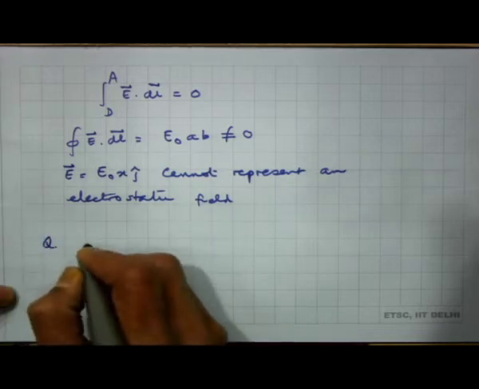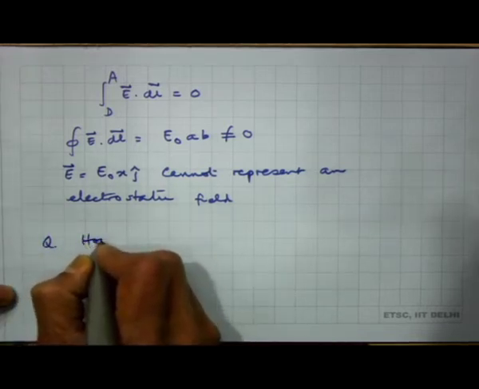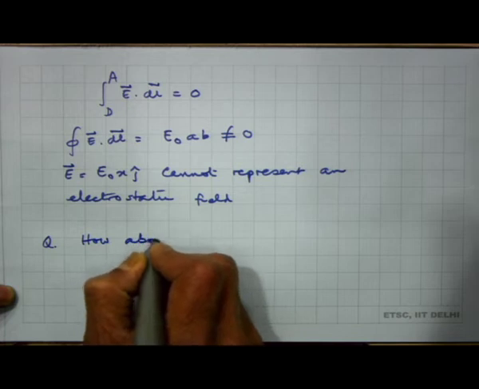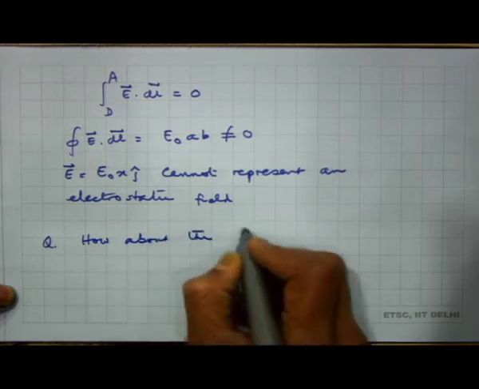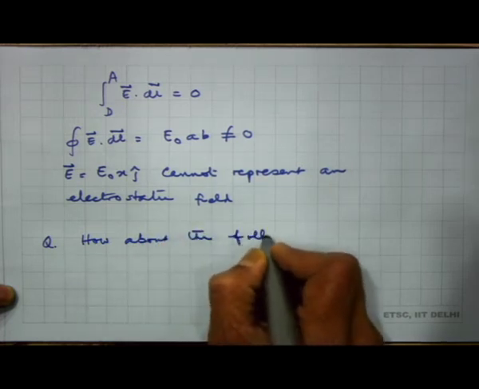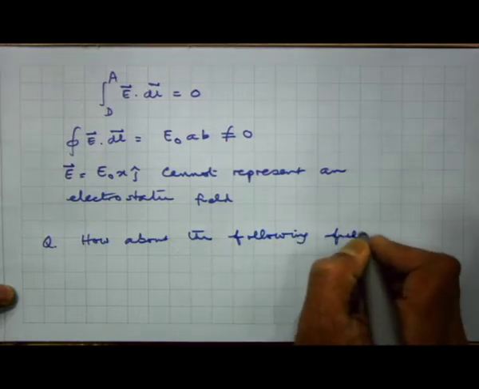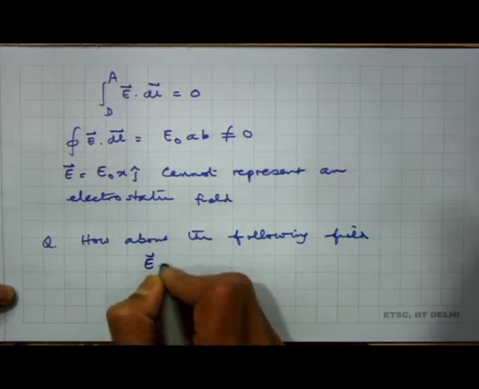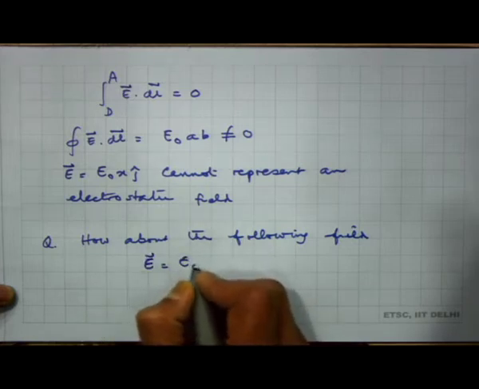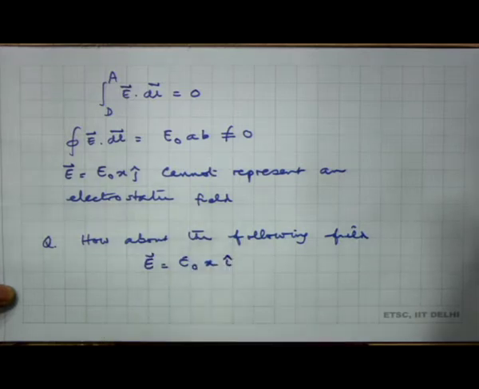Now, I will leave a question to you. How about the following field? E is equal to E naught x i cap.